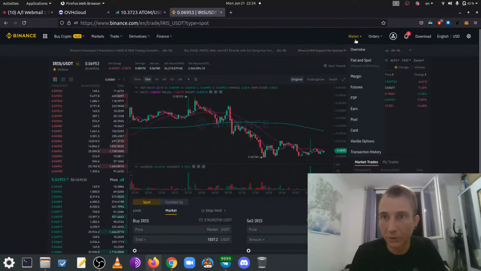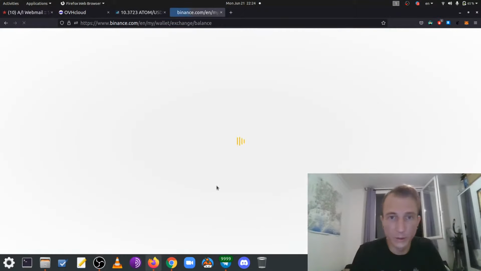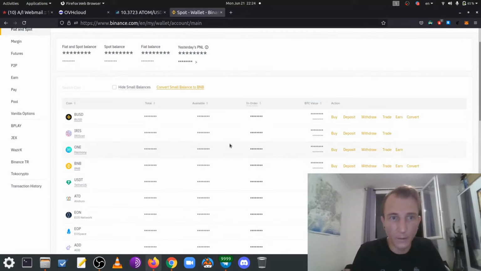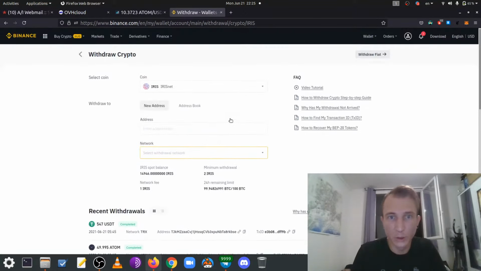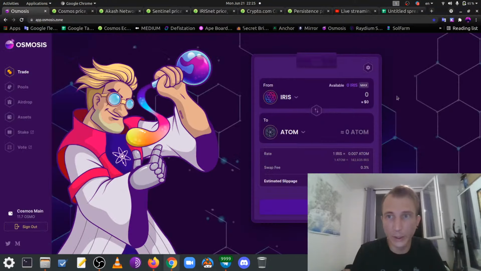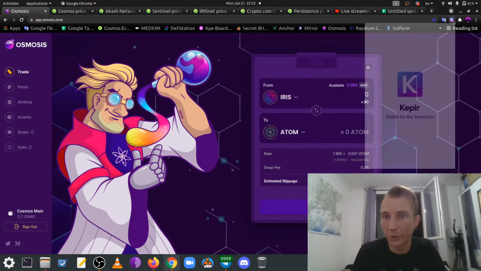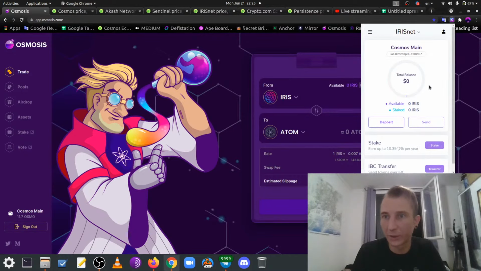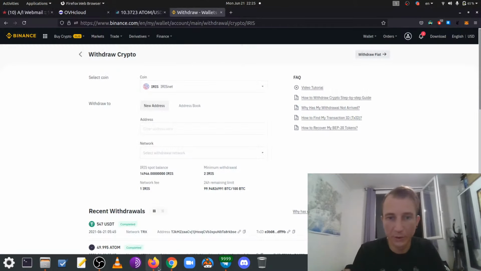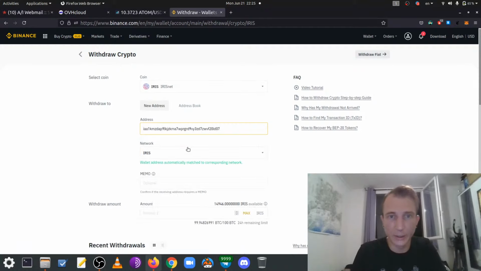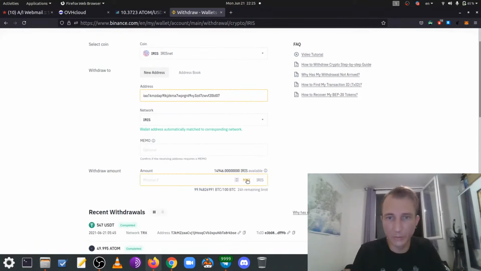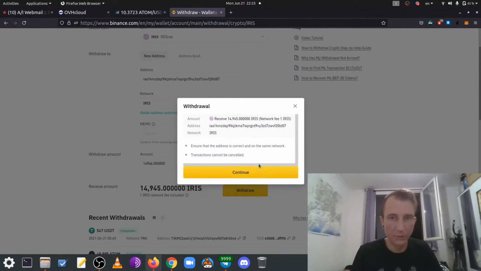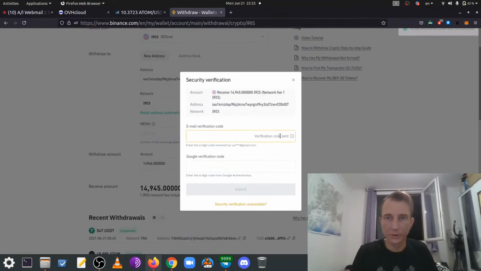Great. Go to our wallet. Tell withdraw. Insert the address of the Iris that we have here. Cosmos Iris network. Copy. Put inside here the address without any memo. Max. Tell withdraw. Confirm. Continue. Get the code.